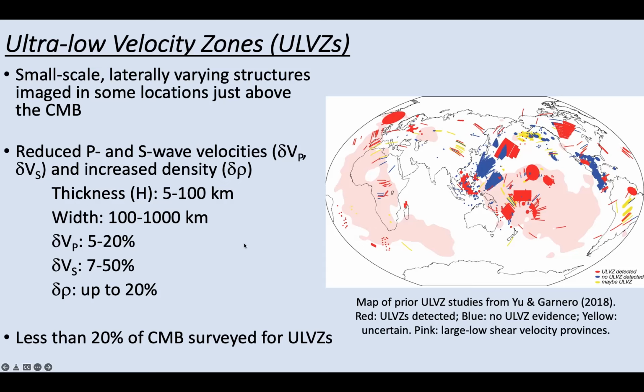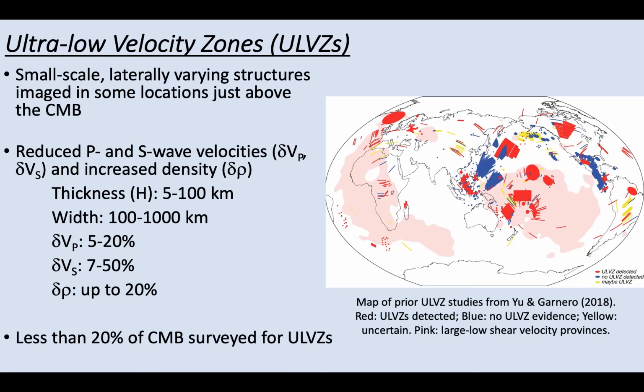The thickness of ULVZs has been reported to vary anywhere from 5 up to 100 kilometers. Their lateral extent, or width, again ranges quite a bit, from 100 maybe all the way up to about 1,000 kilometers. And you can see the pretty dramatic decreases in both P and S wave velocity here. P velocity is usually decreased by about 5 to 20%, while S velocity is decreased by about 7 to 50%. And density increases up to about 20% have been reported. So again, a pretty significant range of characteristics.